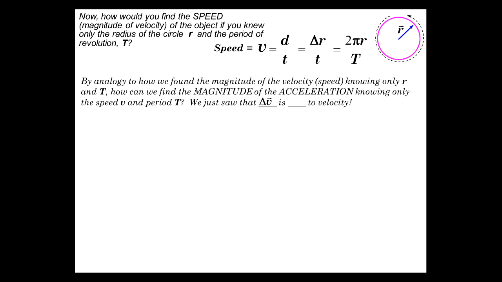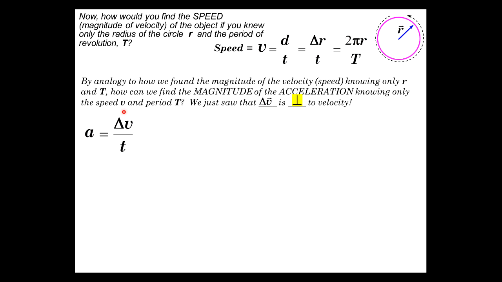And we just saw that the change in velocity is perpendicular to the velocity. That's true everywhere along here. And then we put all the tails at the center of a circle, and we saw the velocity vectors looking the same as the position vectors, rotating around the circle. So here by analogy is what it is. a is delta v over t, just like v is delta r over t.